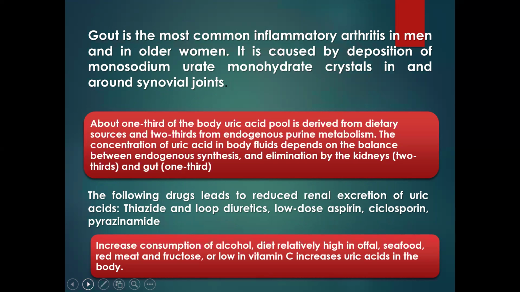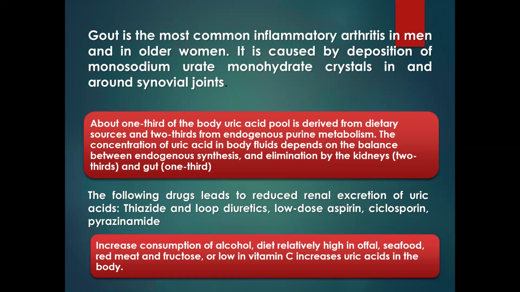Gout is the most common inflammatory arthritis in men and in older women. It is caused by deposition of monosodium urate monohydrate crystals around the synovial joints. About 1/10 of the body uric acid pool is derived from dietary sources. One will wonder how the body gets this uric acid, that the body is unable to eliminate in excess or is overproducing.